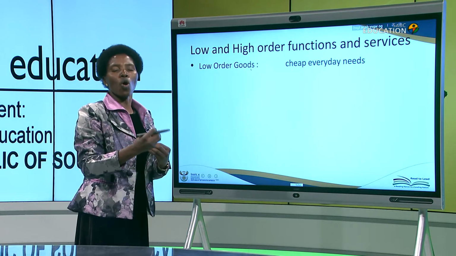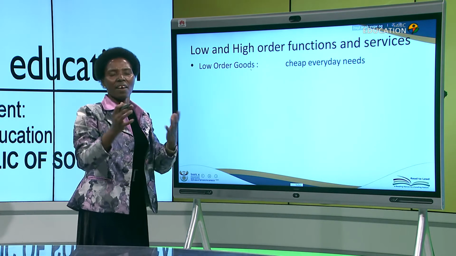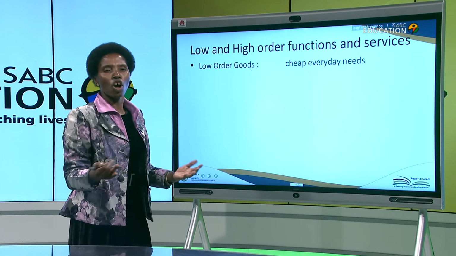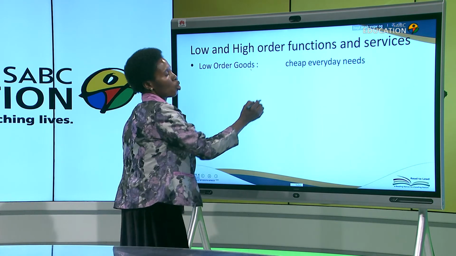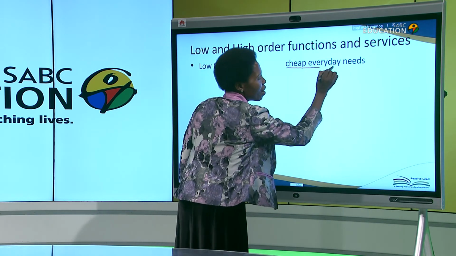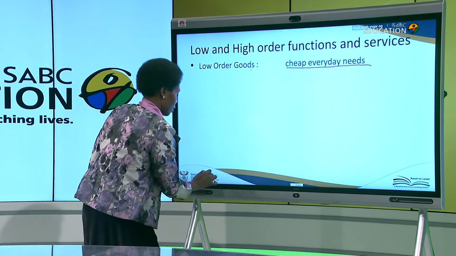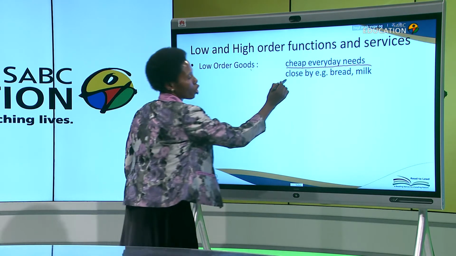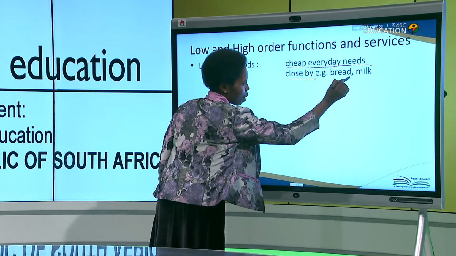When we go and buy, we don't travel far because we want to use it. Like when we are buying bread or milk or meat, we don't go very far. So the low order goods are cheap everyday needs. And then we don't find them very far. They are close by. These are the examples: bread, milk.